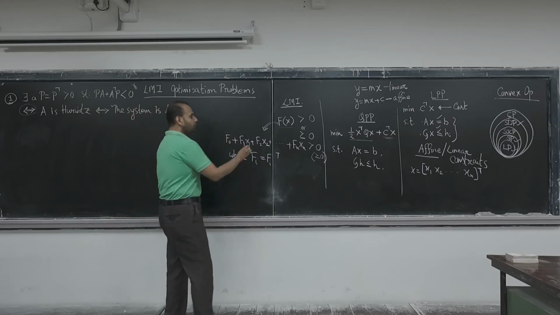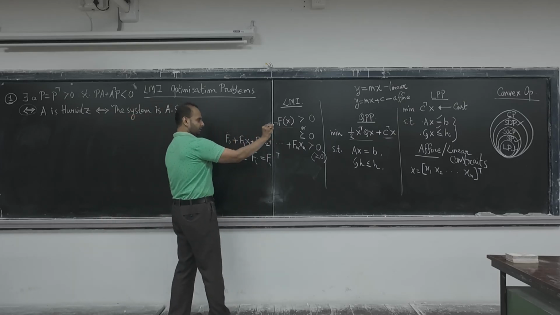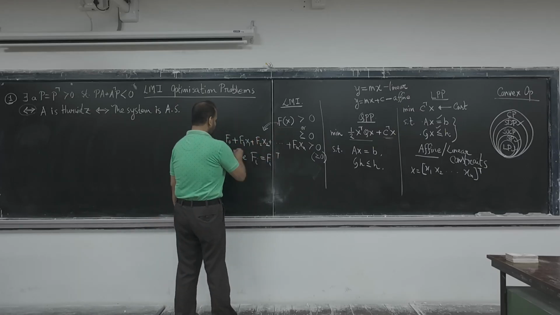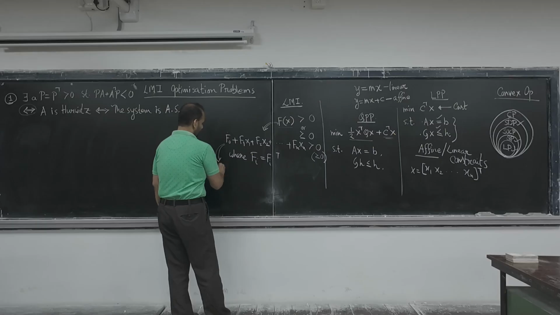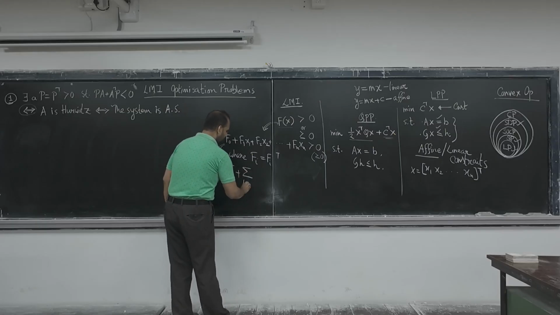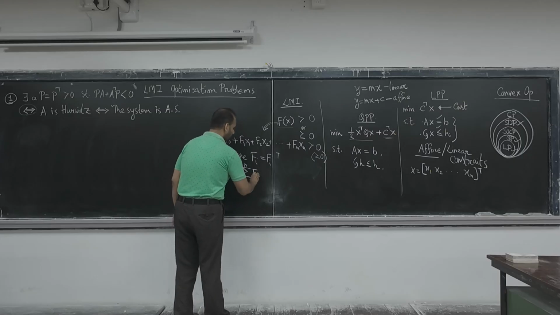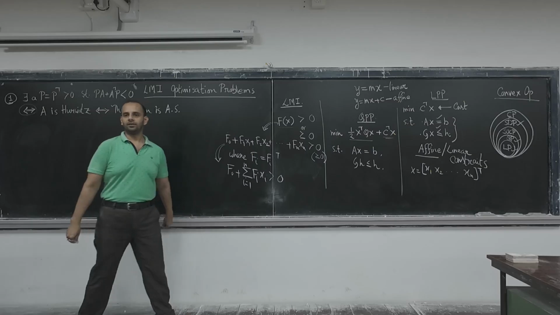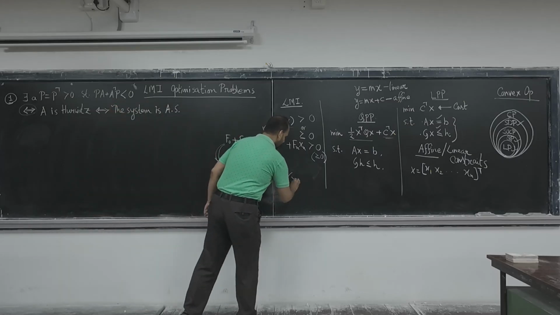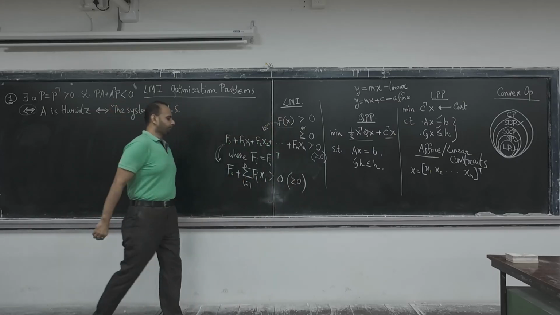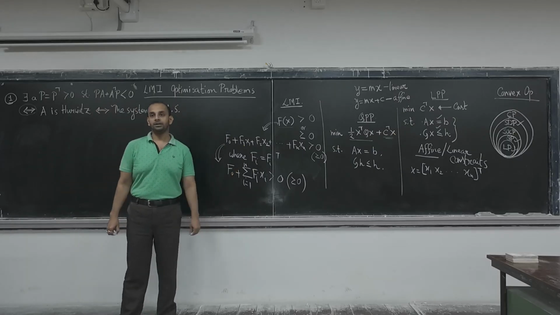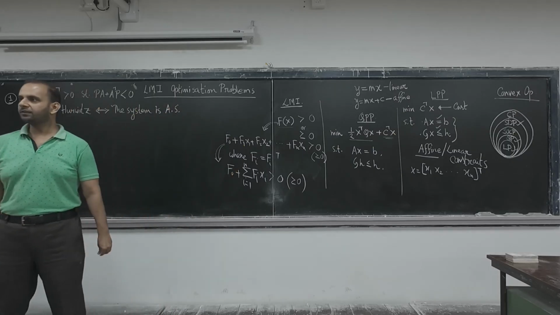So if you can convert a constraint into this framework, then ultimately you can write F0 plus summation of i equals 1 to n Fi xi greater than 0, or even greater than or equal to 0. If you can transform a constraint into this framework, then it is called a linear matrix inequality.